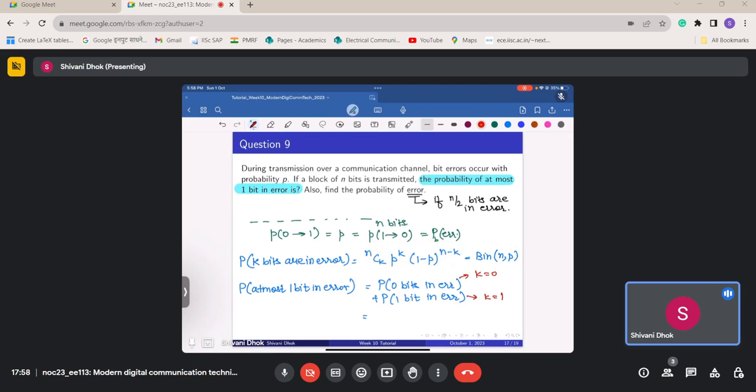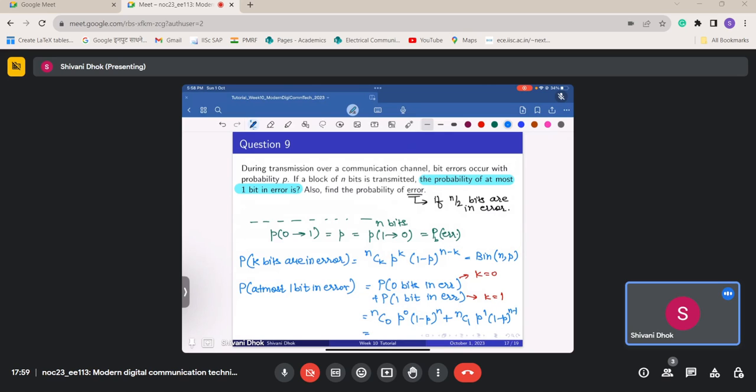So by that, what we have is nCk, or rather, let me do it properly. nC0 into p to the power 0 into (1 minus p) to the power n, plus nC1 into p to the power 1 into (1 minus p) to the power n minus 1.